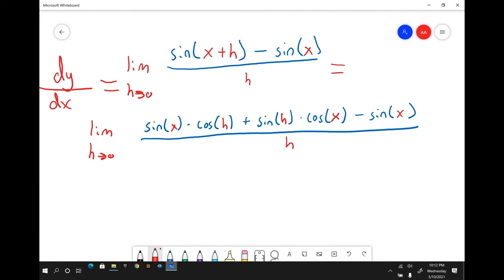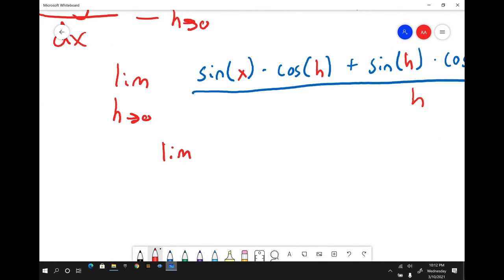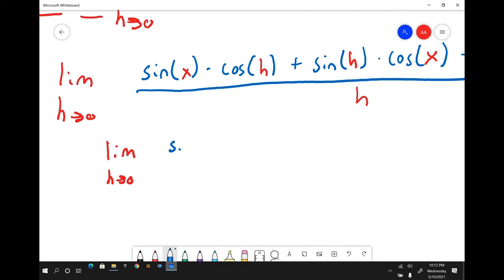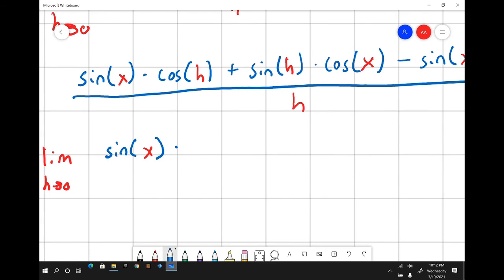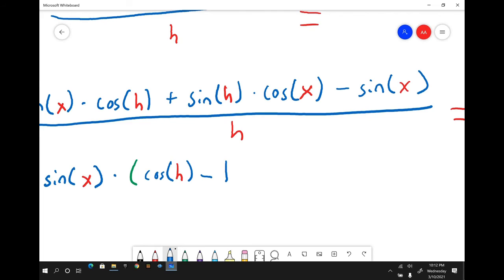And what I'm going to do is group like terms together. So we'll have the limit as h goes to 0 of the sine of x times the cosine of h minus 1, because we're taking a sine of x out of the sine of x. So when we multiply 1 by the sine of x, we're left with the sine of x.